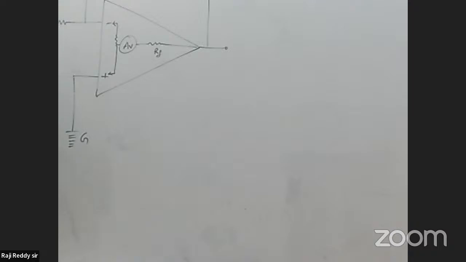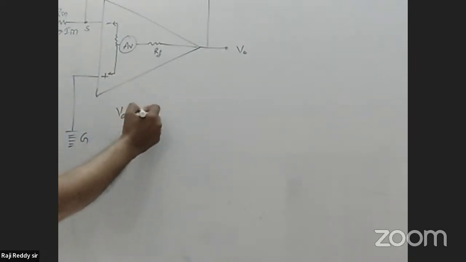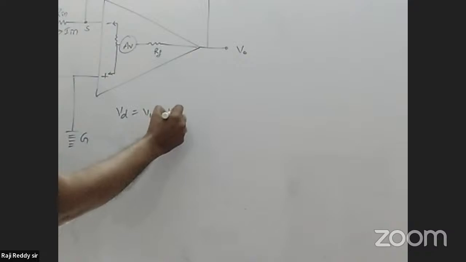This voltage is called V in. This resistance is called R in. This current is called I in. The junction we know as point S. The output is called V out. From this you can say the voltage difference VD is equal to V1 minus V2.